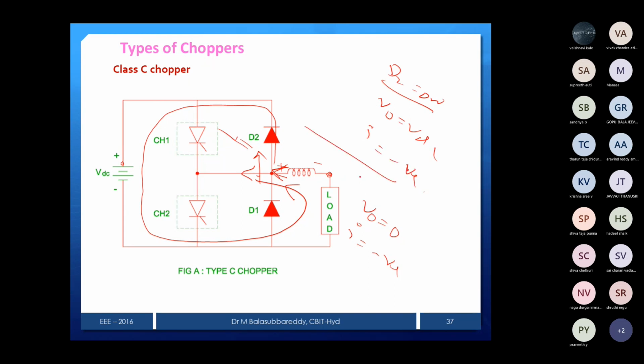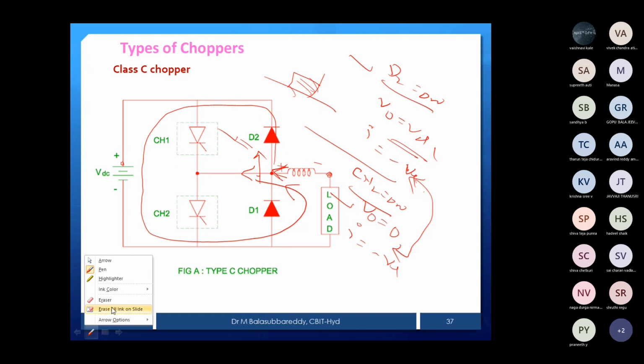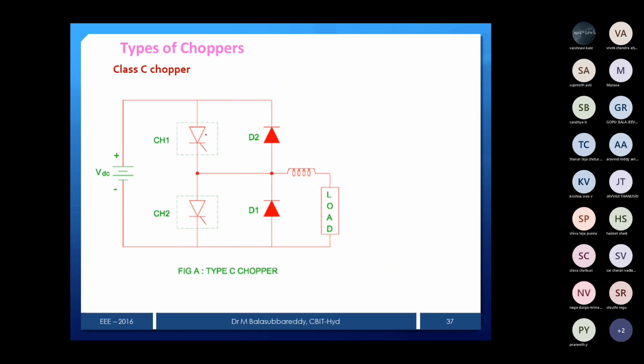Then you observe that if CH2 is on, you get output voltage 0, and if D2 is on, output voltage is the same as the source. In both cases current is negative. Then I can represent this as the second quadrant. Now it is very clear that if CH1 or diode D2 is on, you get output voltage the same as the source, Vout equal to VDC.